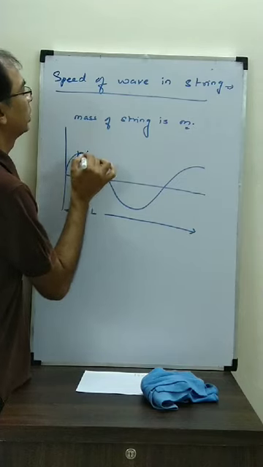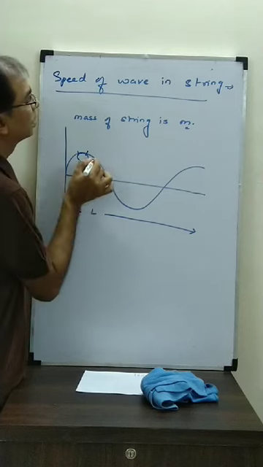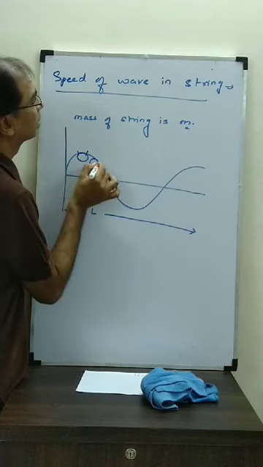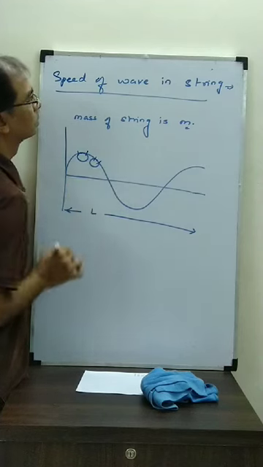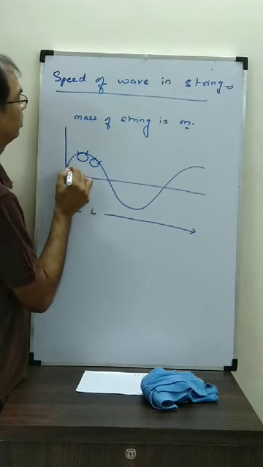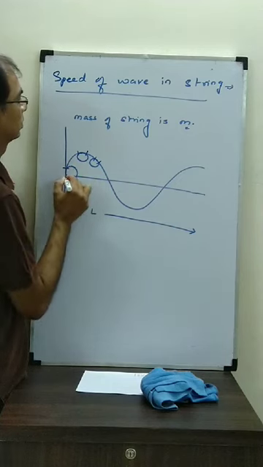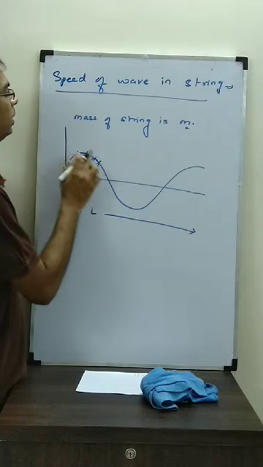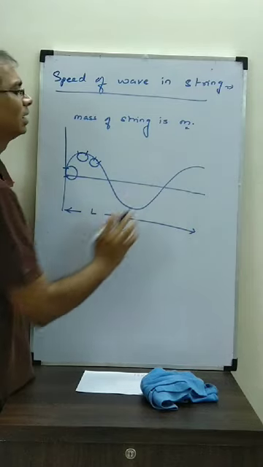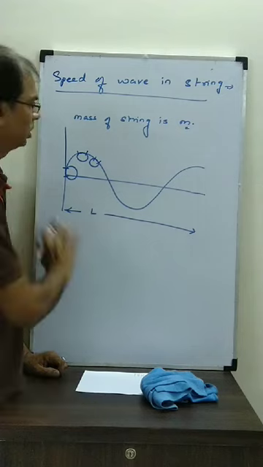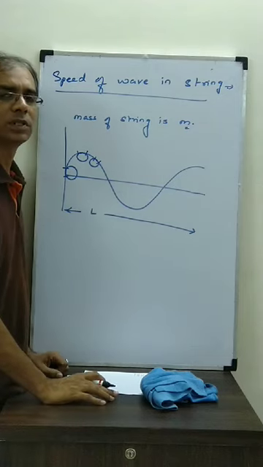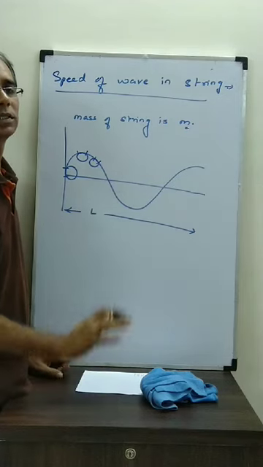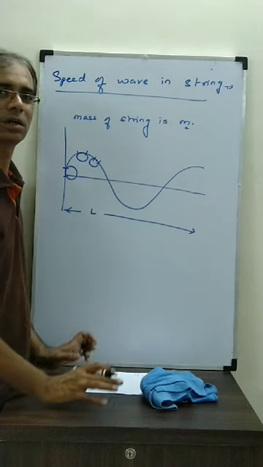This part here belongs to some other circle. Same way this one will belong to a different circle, from here to here. So any curve in fact, not only string, not only sine function, we can say is made from various circles.